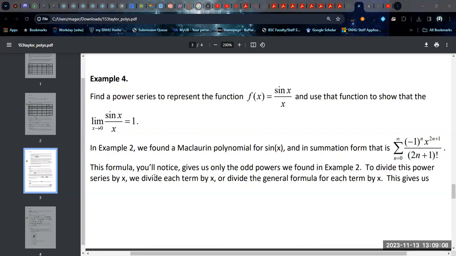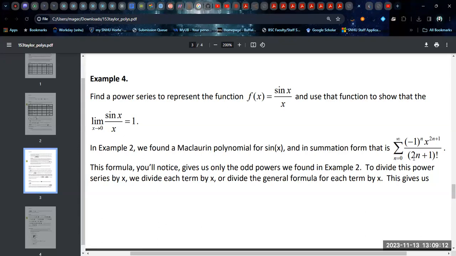Since this is centered at 0, we have our formula for the sine function. And then what we can do is simply take that formula and divide by x. And if you divide this formula by x, basically you just drop off this plus 1 in the exponent.